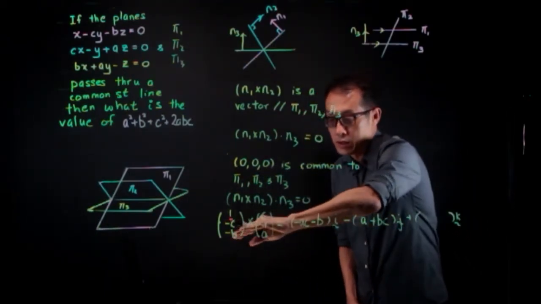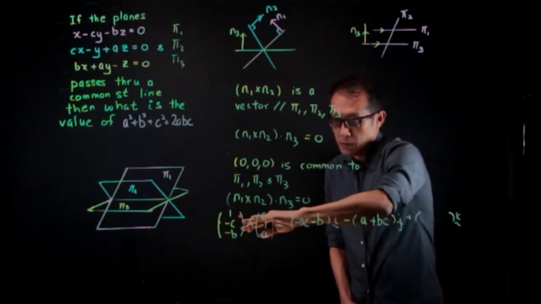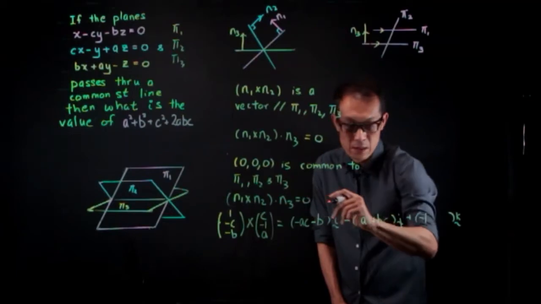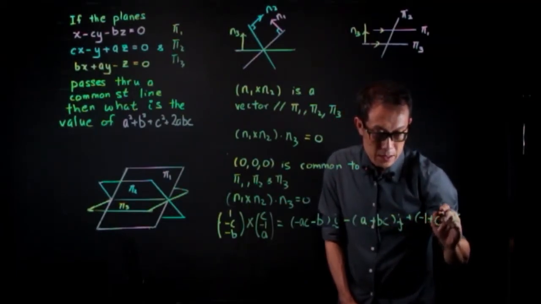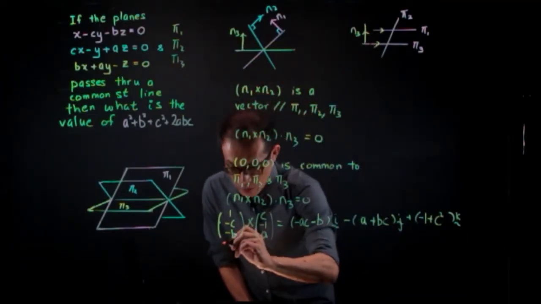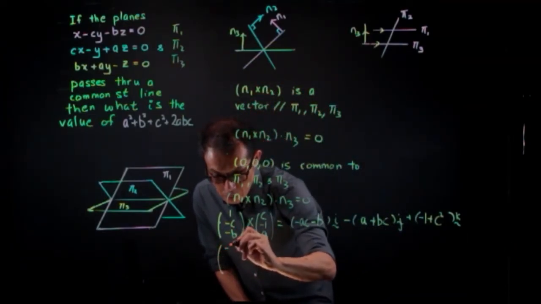And for the k component, you get minus 1 plus c squared.